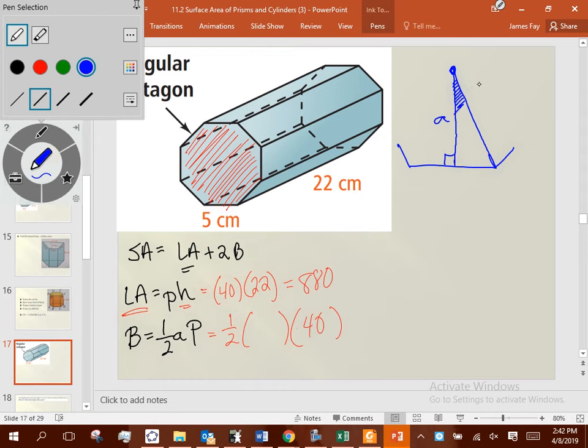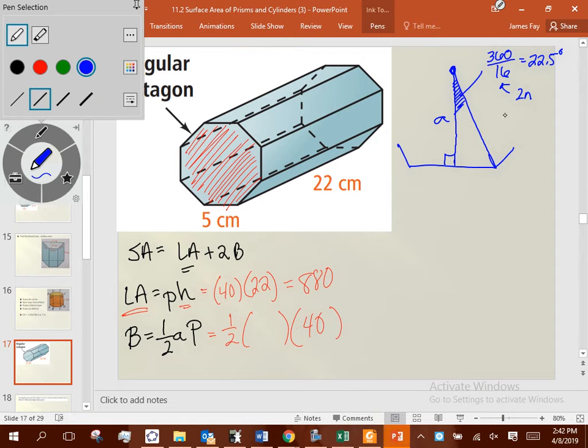That apothem and your radius create an angle, which is always found by 360 divided by 2n. N being 8 in this case, so that ends up being 22.5 degrees. Is that okay with everybody? 16 is your 2 times n.